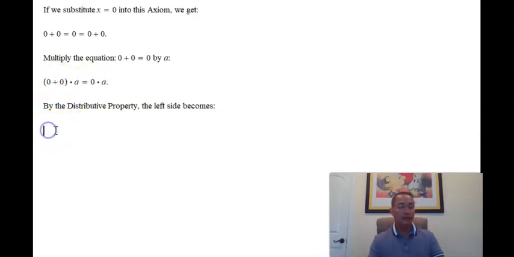So I can copy this: plus 0 times a equals another 0 times a. Okay, so let's think about that equation. It's all 0 times a. 0 times a plus 0 times a is still 0 times a.